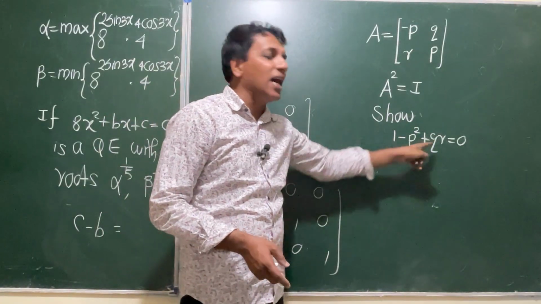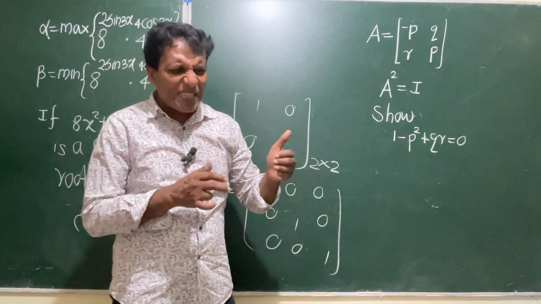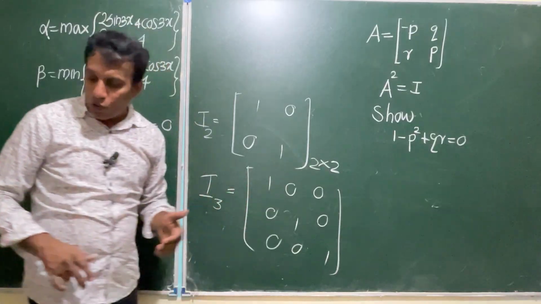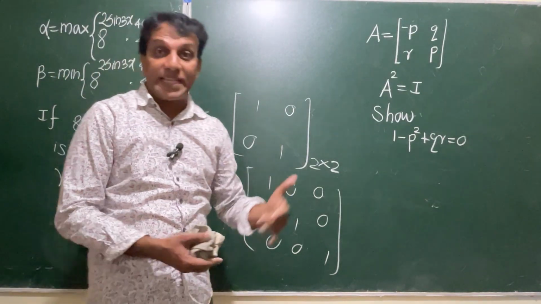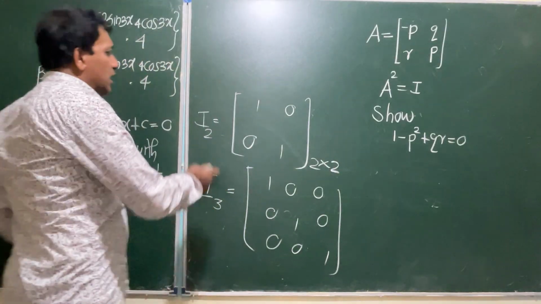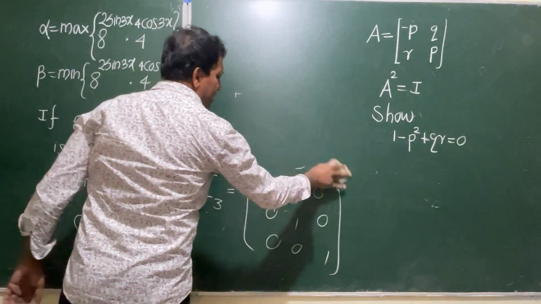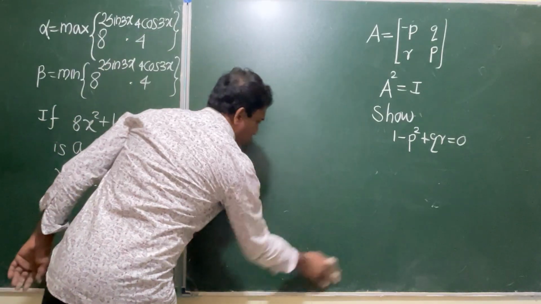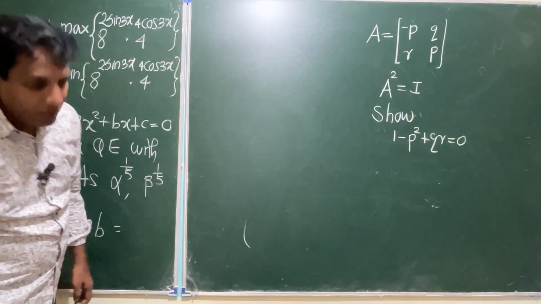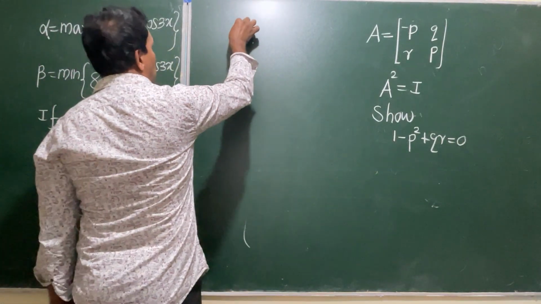Then show this answer. A simple case like this can be asked as a part of a question in a combined maths paper. This is also related to complex numbers. Maybe the first part of the question can be asked through this, and furthermore from here on. Okay, I'll solve that first. We'll see what A square means.